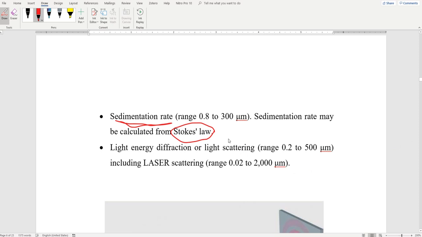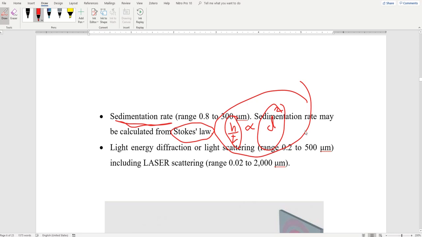The rate of sedimentation means the speed, the distance the particle travels over time. This rate of sedimentation is proportional to the square of the diameter of the particle. So we can use this equation to calculate the diameter of the particle. We are measuring how fast the particles sediment in order to calculate the particle diameter.